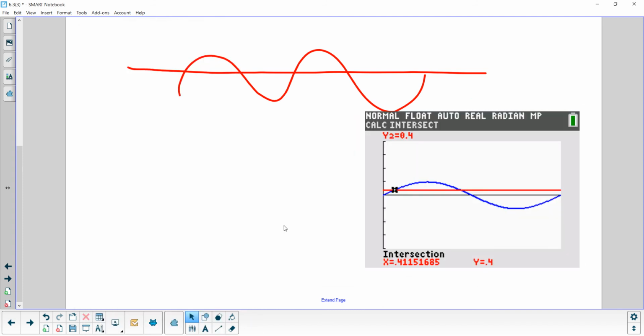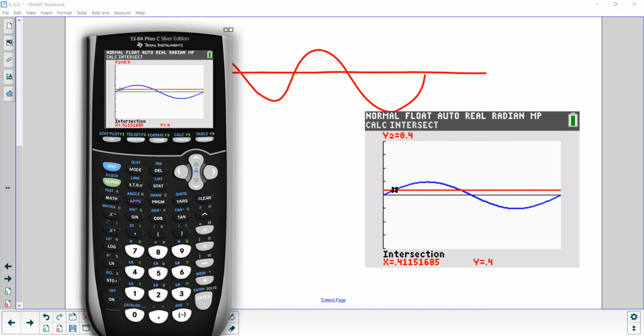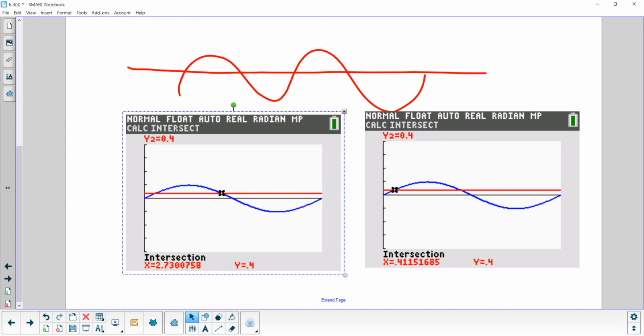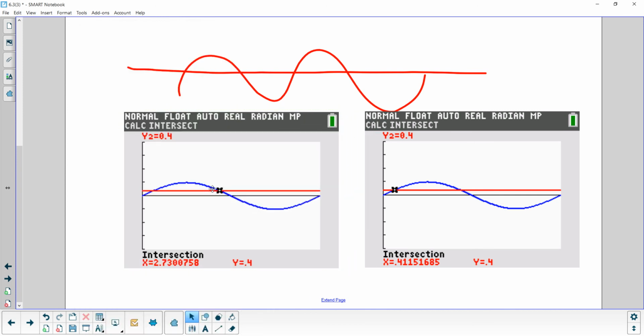Okay, so we get 0.41, and the second one we get, second calc intersect, is 2.73. There you go. And those are the two answers.